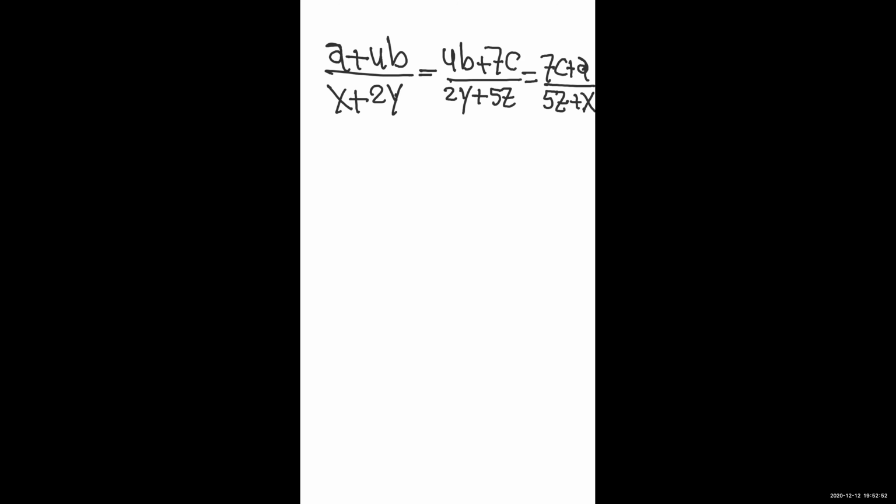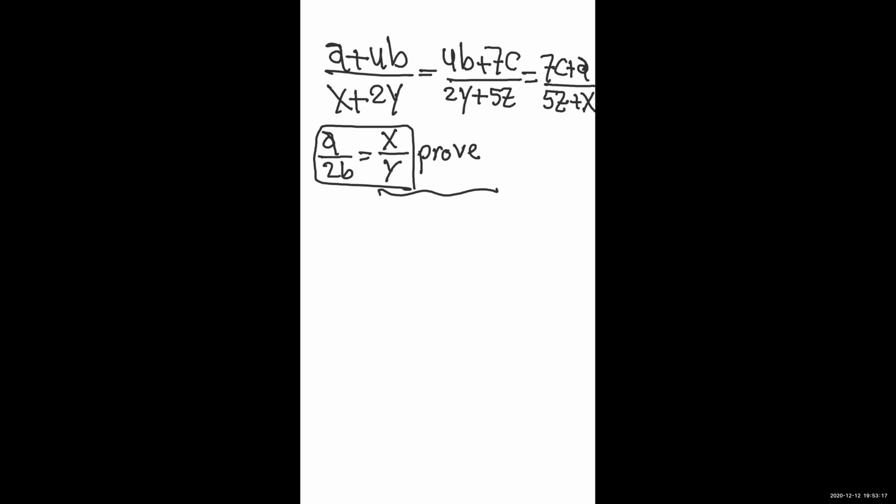So here in this question, prove that a over 2b equals x over y. How to solve this one? Check the terms on the numerators, I mean the antecedents.